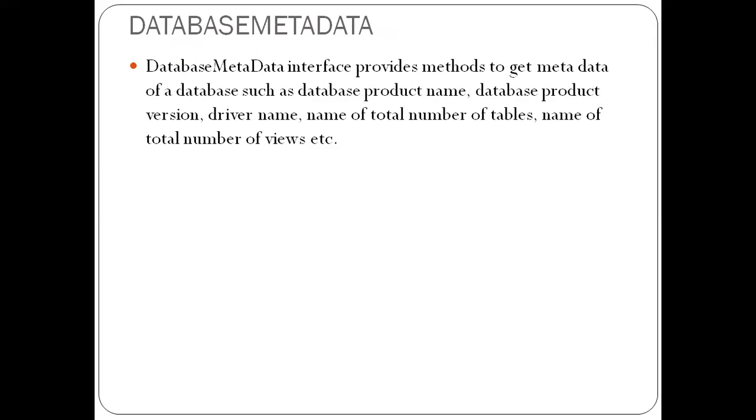Next is the database metadata. Database metadata interface provides methods to get metadata of a database, such as database product name, database product version, driver name, total number of tables, total number of views, etc. That is, using database metadata, you get information about the database and about the driver also.